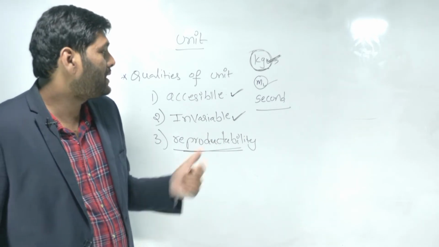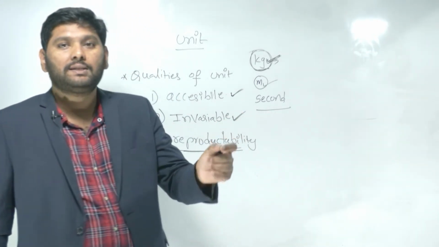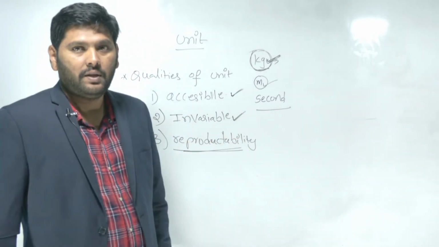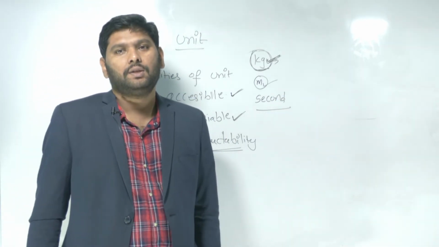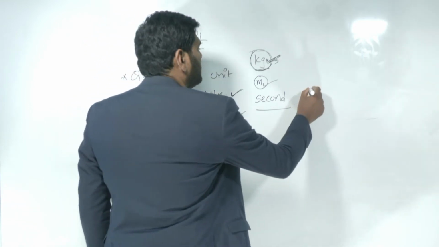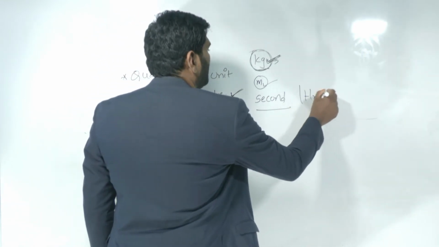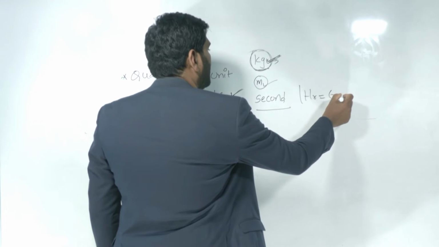How can we use it in an easy way? For example, let us take 1 hour. 1 hour is equal to how many seconds? You know, 1 hour is equal to 60 minutes actually.